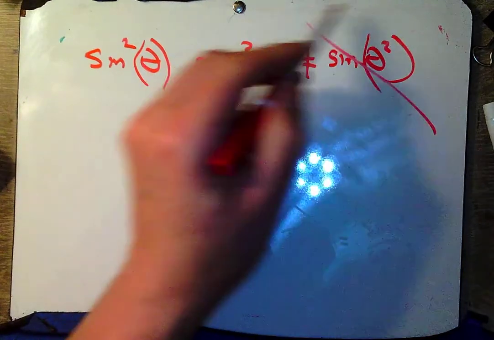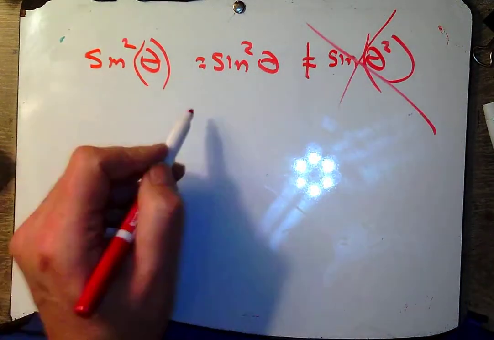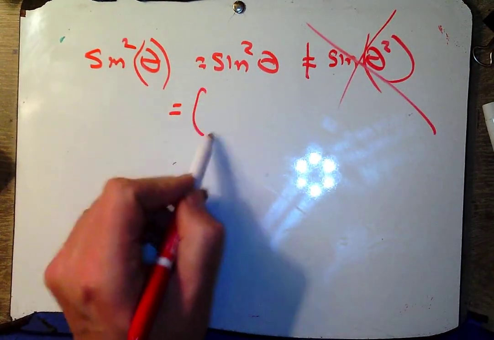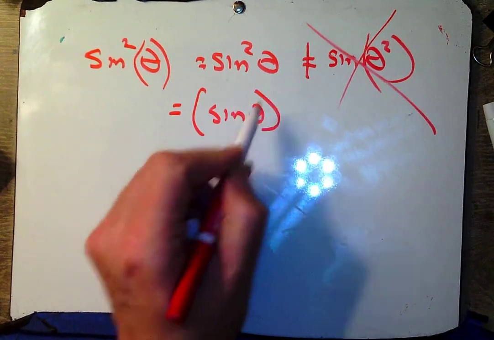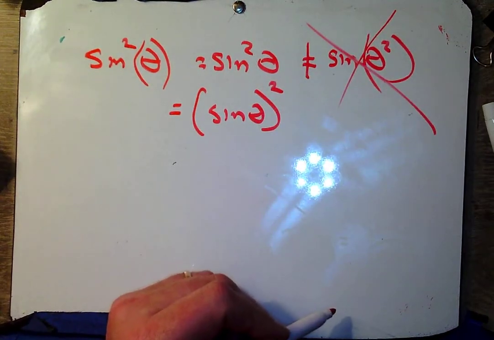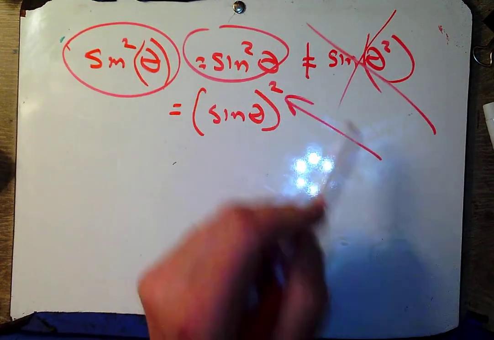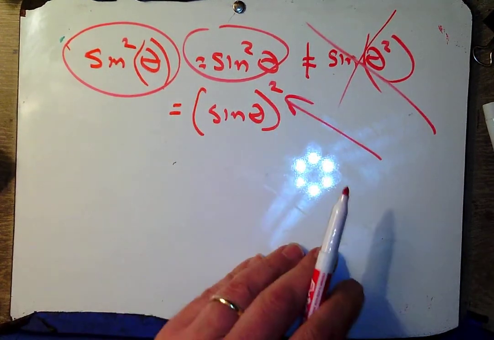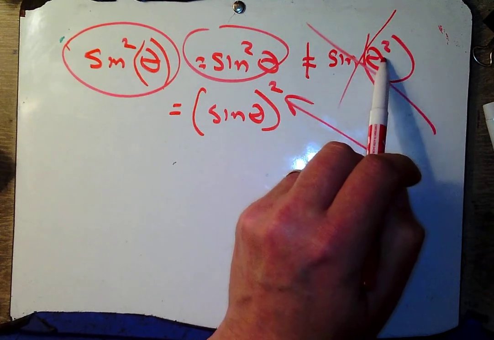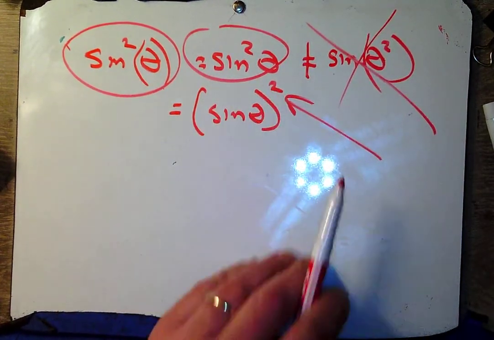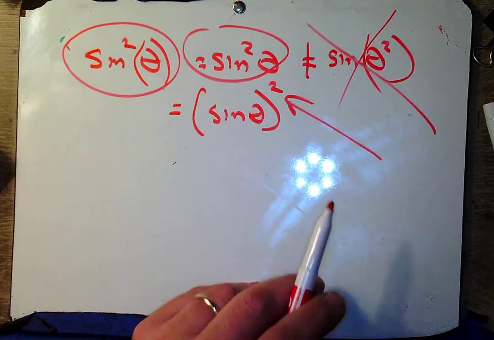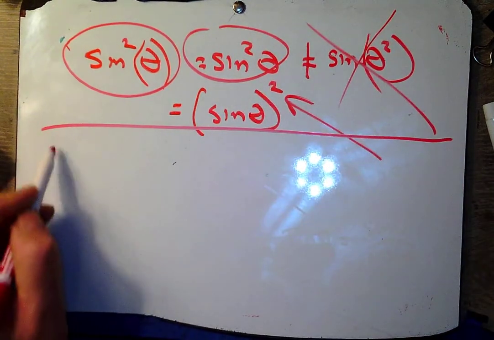No, that's not this. This is in fact equal to sine theta being squared. Okay? So when I see these, I understand sine is being squared, not the angle. The function is being squared. Okay? All right. So, Pythagoreans.